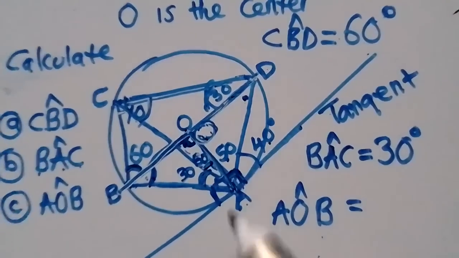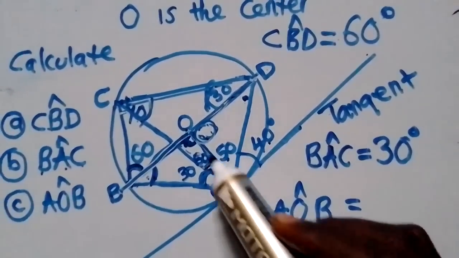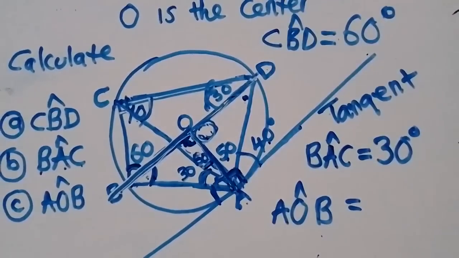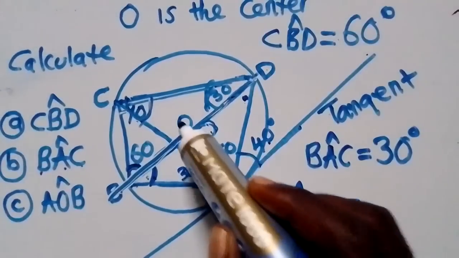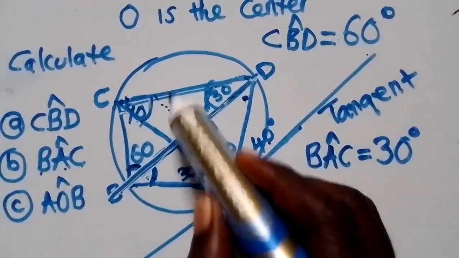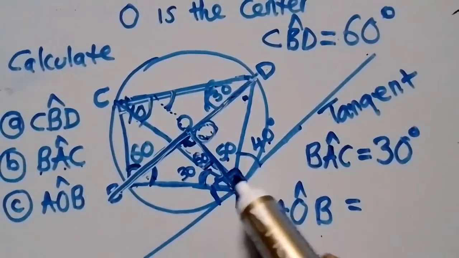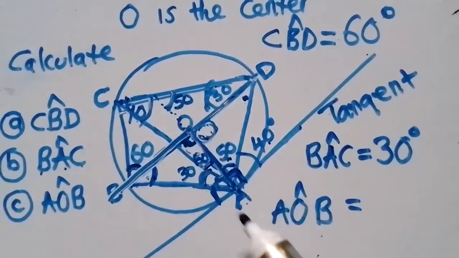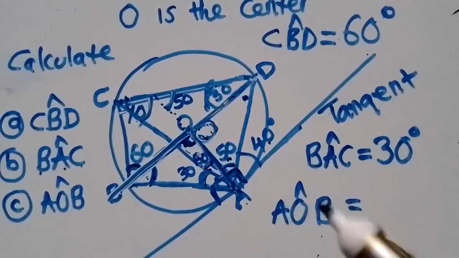This is what we want to find, from here to there. If you extend this to that, the angle which will be here will be the same angle which will be there. If this is 50, even there is 50. Now let's find the angle which is there.